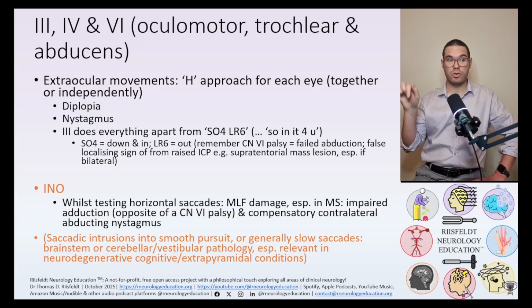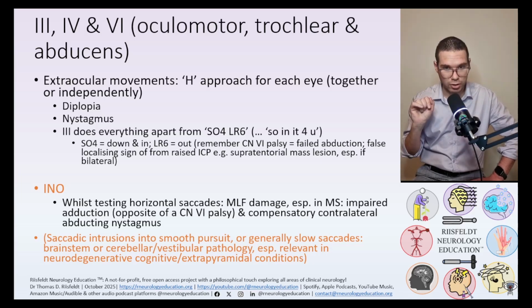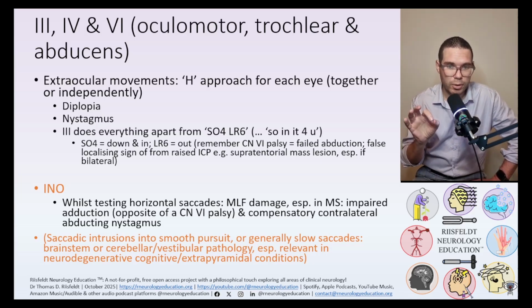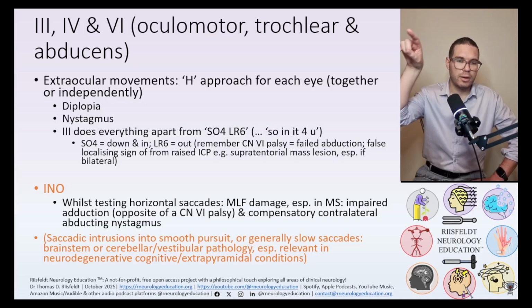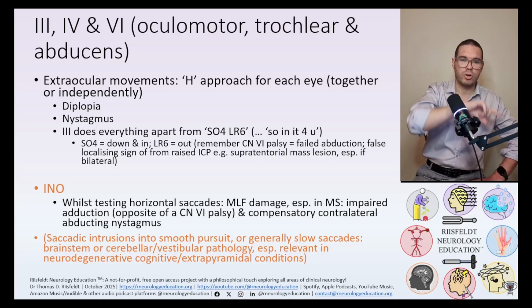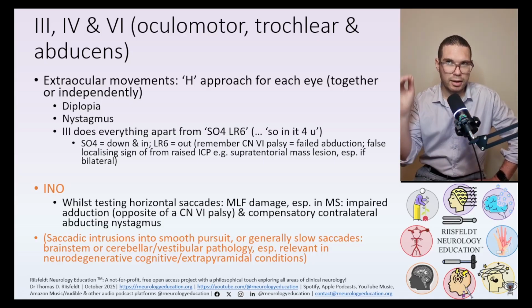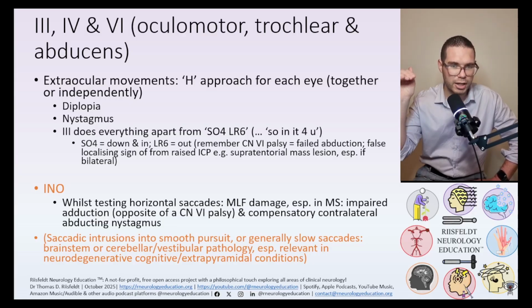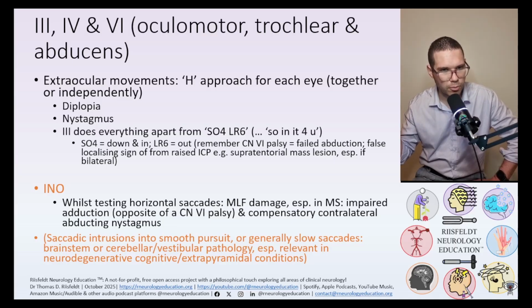And as the examiner, you just need to be quick enough to be looking at both eyes as you're going along to make sure that both eyes are moving normally in each of the directions. And the reason that we do an H appearance, so we're looking to the right, top left, bottom left, and then back across to bottom right, is because they are the 6 primary directions of gaze, which are controlled by various combinations of the 6 muscles that control extraocular movements.